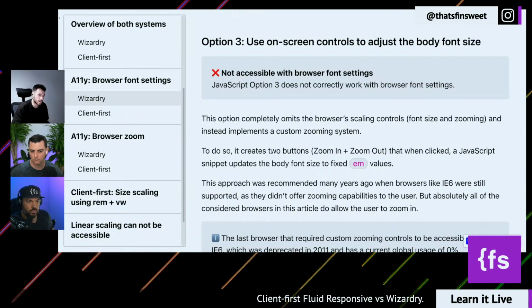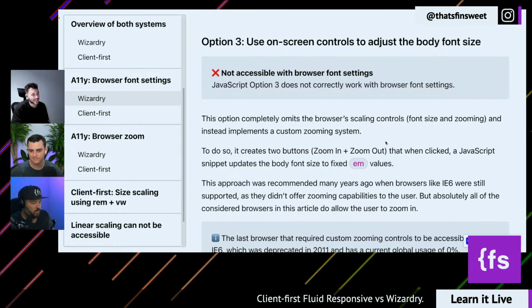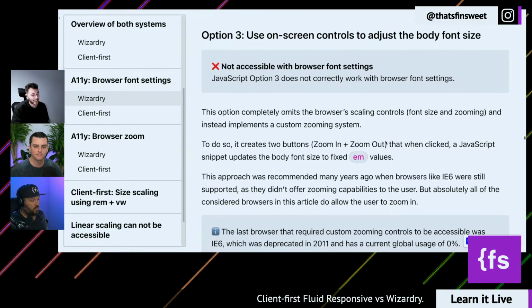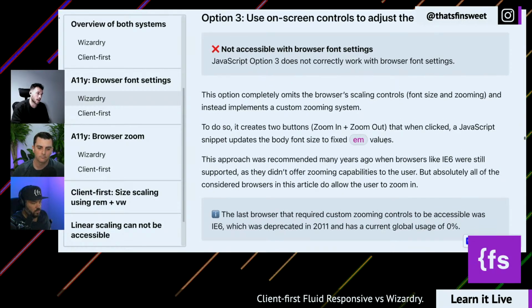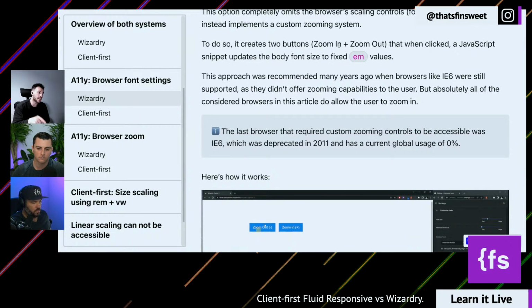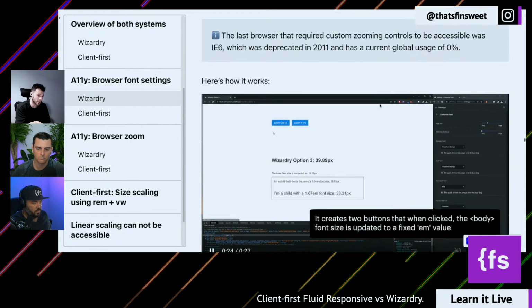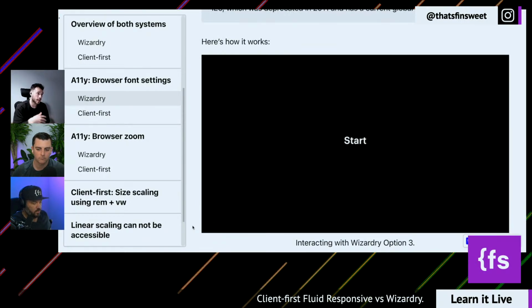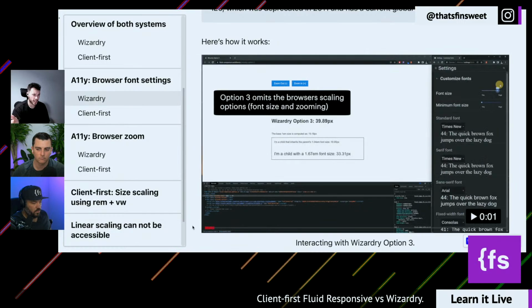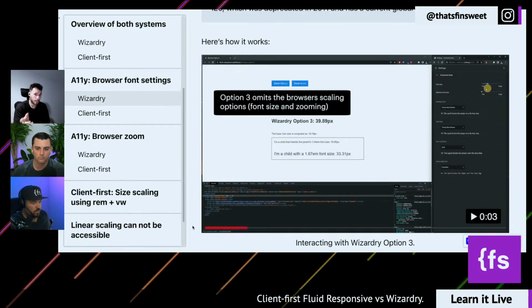Option 3, I don't know why this option exists, but basically it's replacing the entire controls of the browser and just adding some buttons on the page that let you zoom in and out when clicking on them. Again, it's replacing the body font size with a fixed REM or EM value. I don't remember which one it was, but it doesn't make any sense.